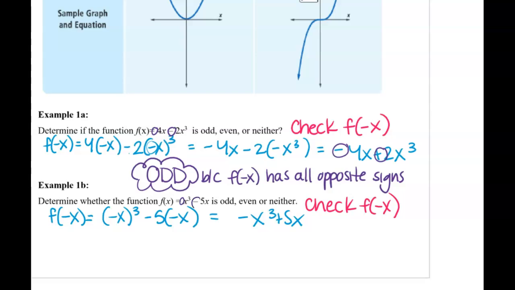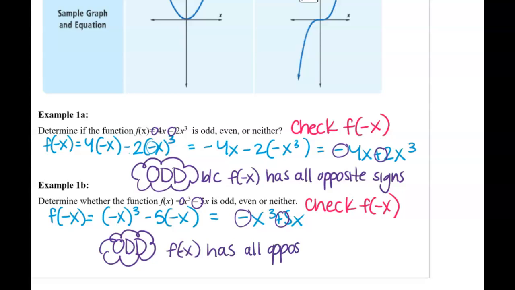So we had positive, negative, and now we have negative, positive. So it's odd again. f of negative x has all opposite signs. Okay, so if we put in a negative x and got the same function, it would be even. If we get all opposite signs, it's odd. If something else weird happened, it would be neither.